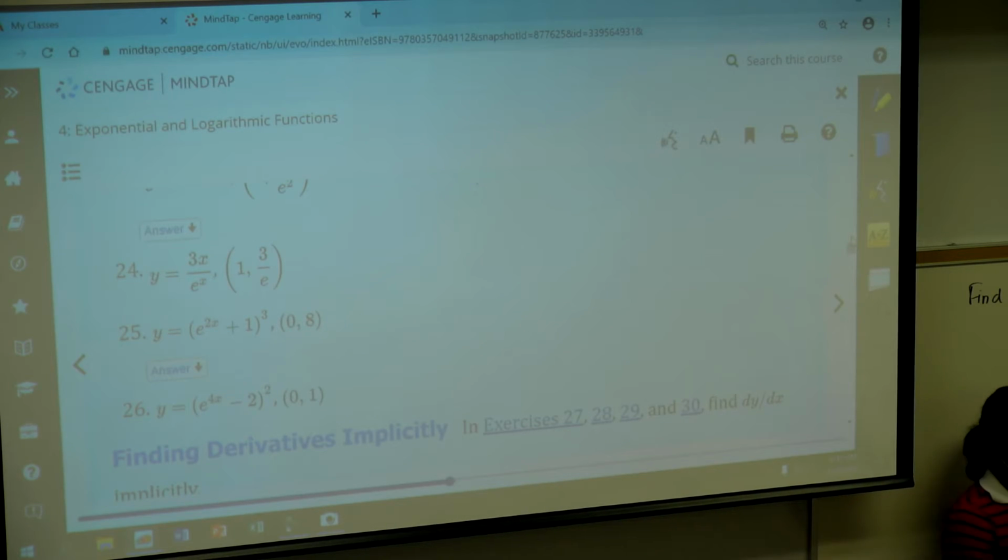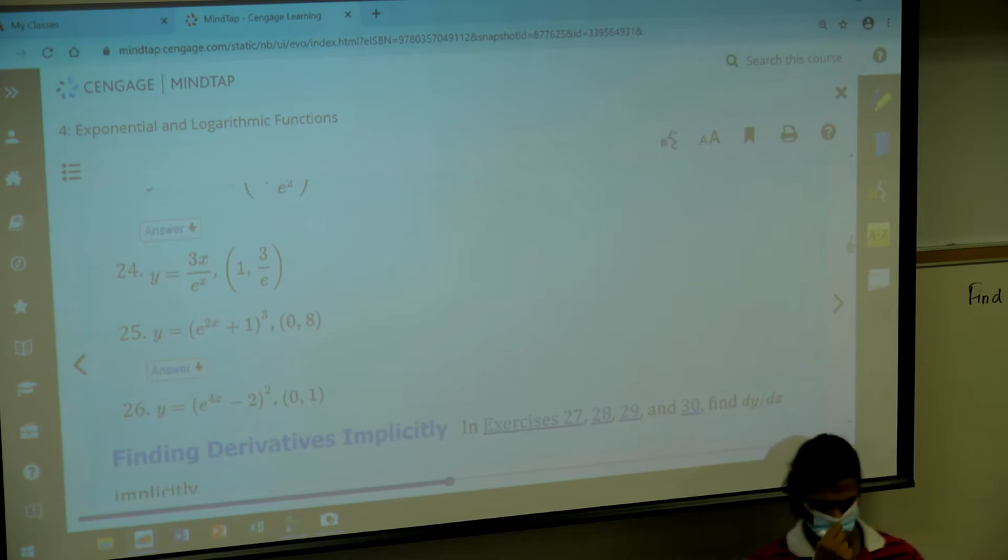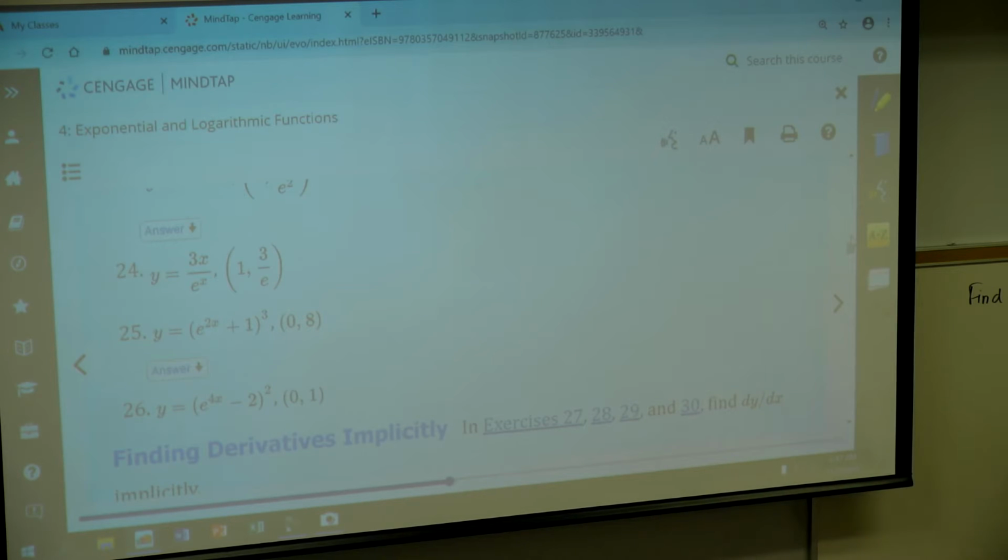What is the derivative of e raised 4x? Like, how do we get that? Also in the video, the derivative of e raised ax in general is simply a times e raised ax.